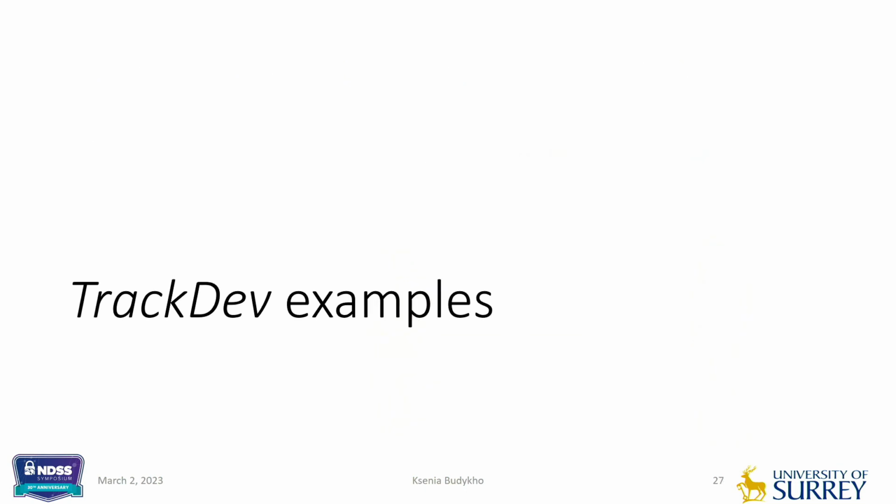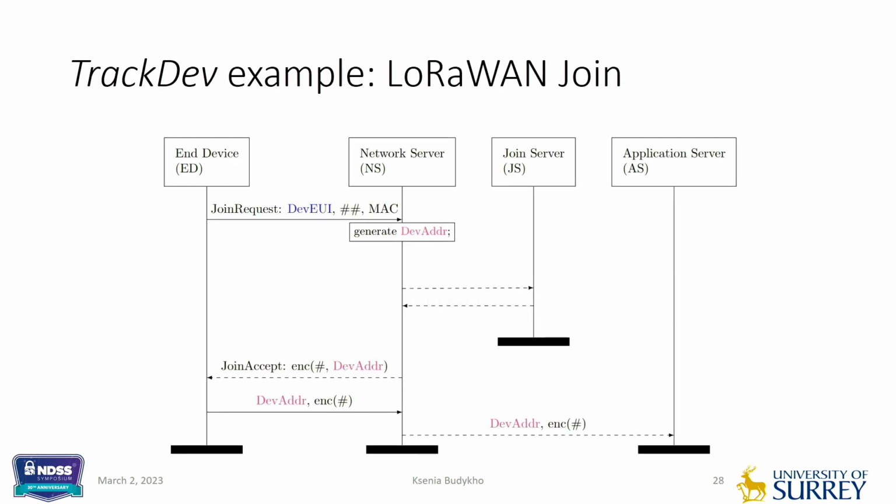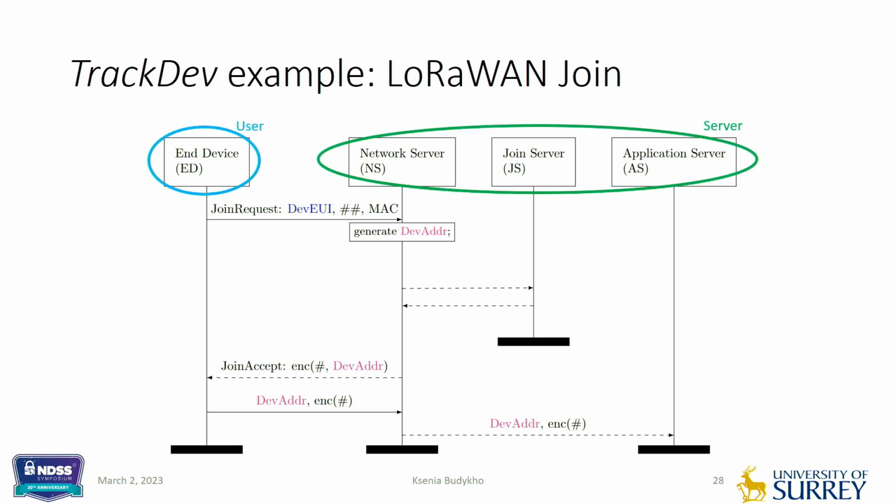So if we look at examples of using our framework, we looked at a protocol called the LoRaWAN Join version 1.1 in this case. The user in this protocol is represented by the end device, and the server is the collection of the network, join and application servers.